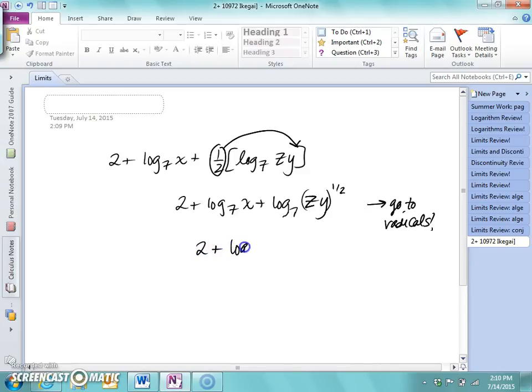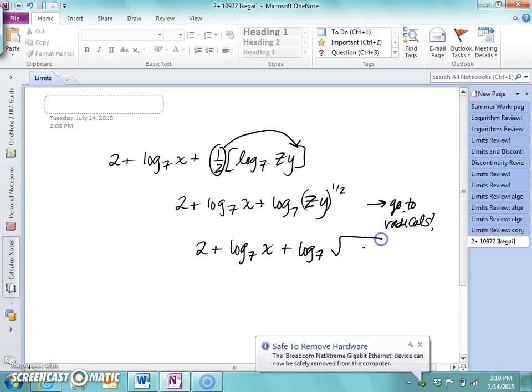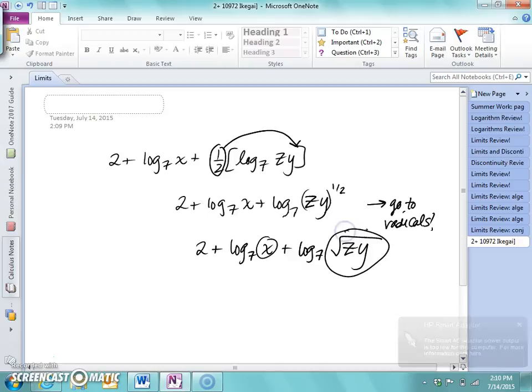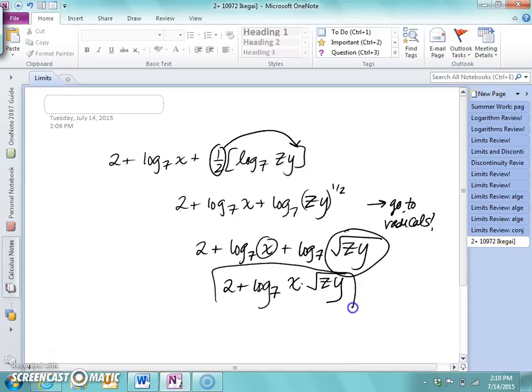So I have 2 plus log base 7 of x plus log base 7 of the square root of zy. And one last thing here, I have log base 7 of x plus log base 7 of the square root of zy. Because the bases are the same, I can multiply them, but the x can never go under the square root. And the 2 is just kind of up front there.